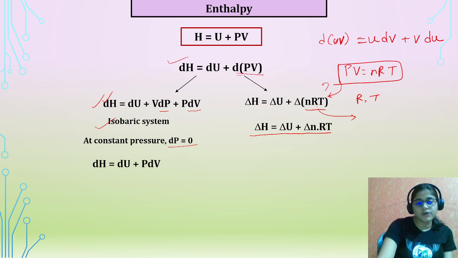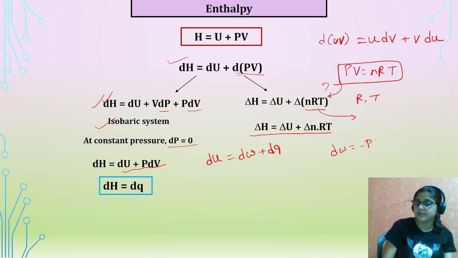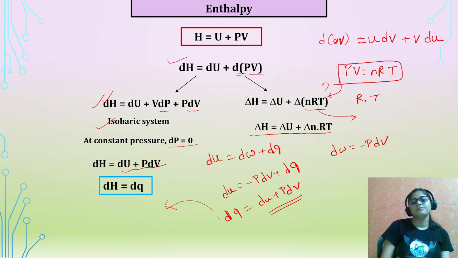So dp is 0, so from the first law we know that du equals dw plus dq, and we know dw is minus pdv. Fine. If we put the value, du equals dq minus pdv, so dq will be du plus pdv, right?